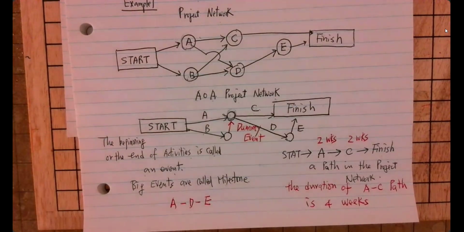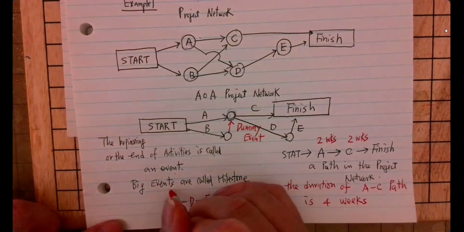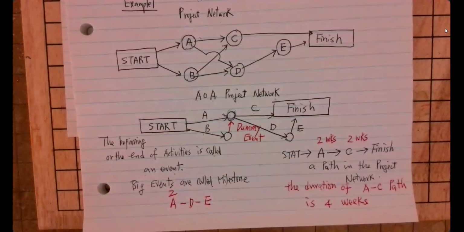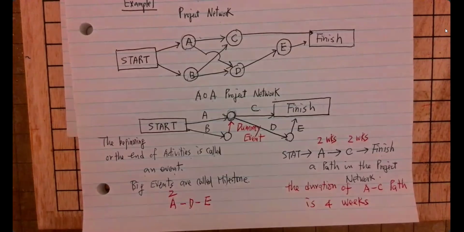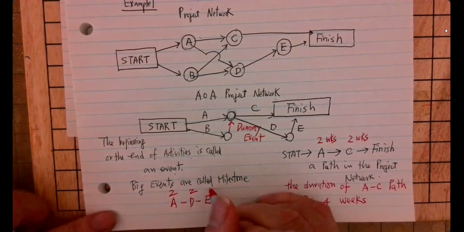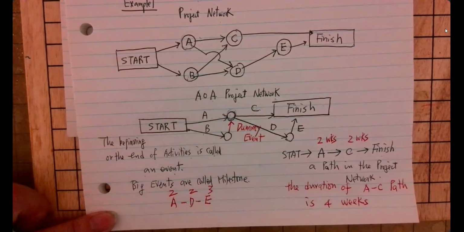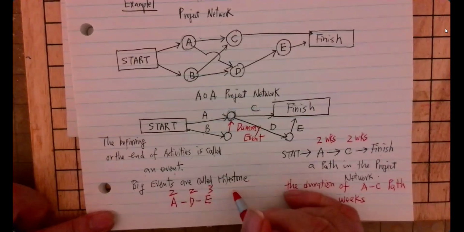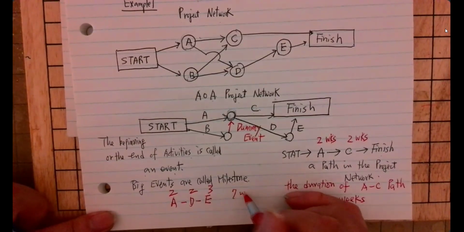So how long is this one? A is 2 weeks. C is 2 weeks. D is 2 weeks. How about E? E is 3 weeks. So from A to D to E, altogether, this is 7 weeks. Duration is 7 weeks.